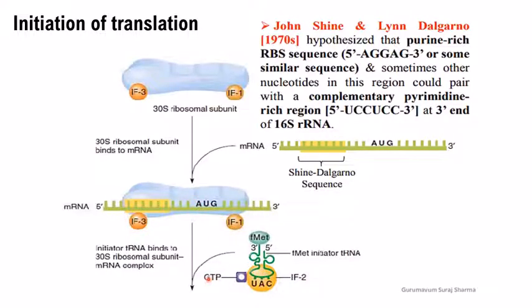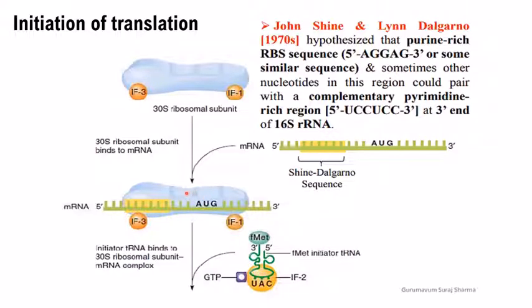The energy used for the addition of this tRNA molecule to the complex comes from GTP hydrolysis. GTP will undergo hydrolysis to form GDP plus inorganic phosphate. So GTP hydrolysis energy expenditure is required for addition of initiator tRNA at the P site of this ribosome.